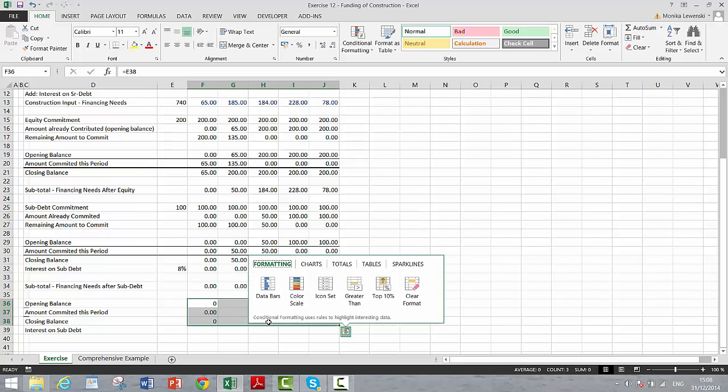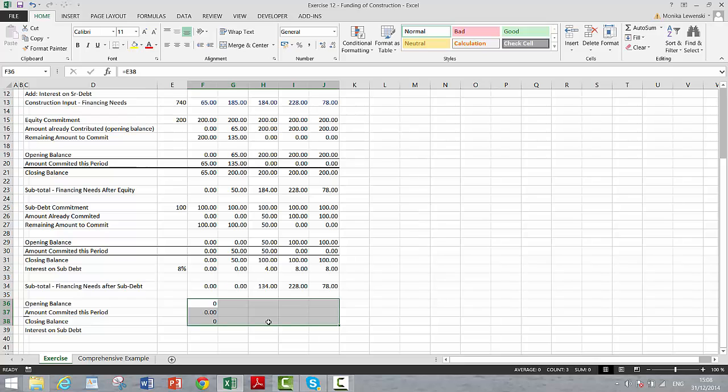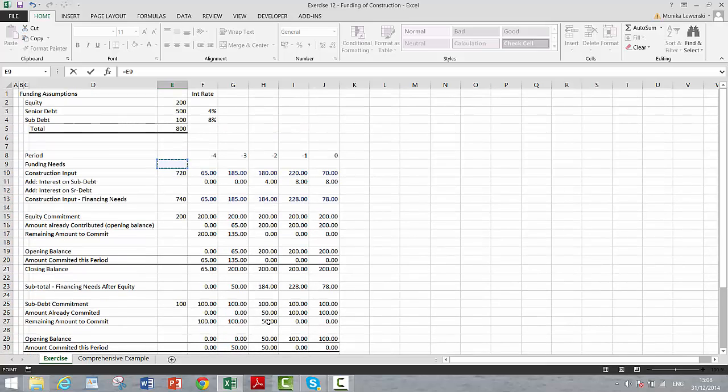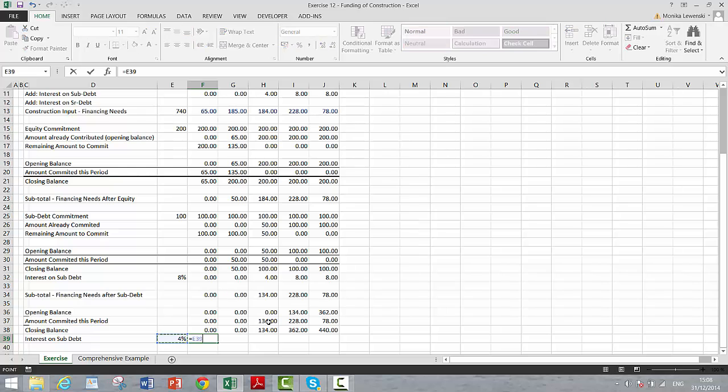shift right arrow, whoops, control R, shift control 1, interest rate this time is 4%, and we take our number and multiply that by the opening balance, and we get this.